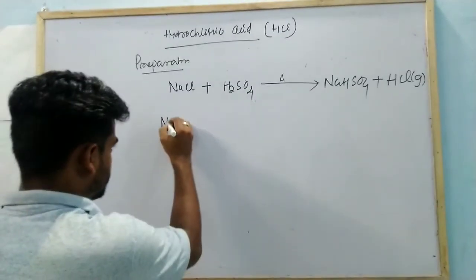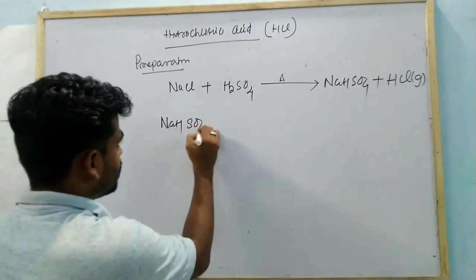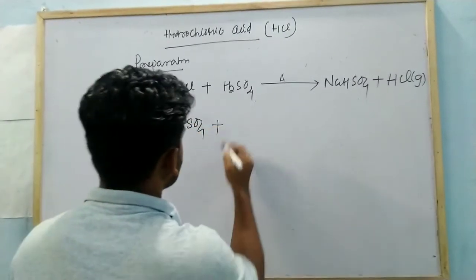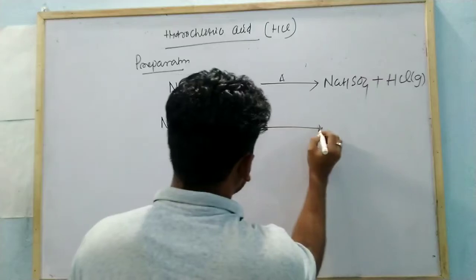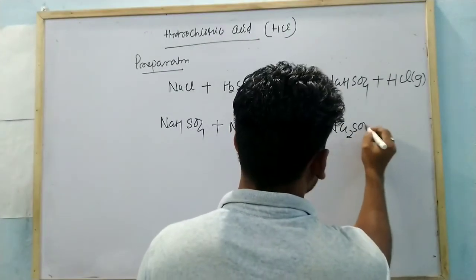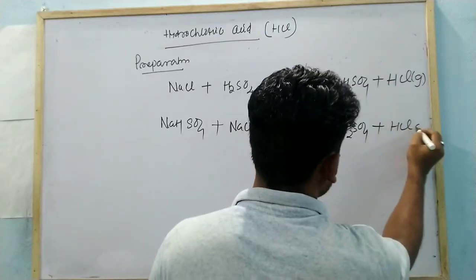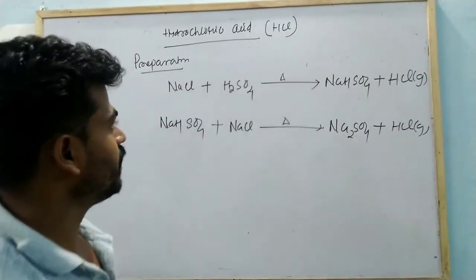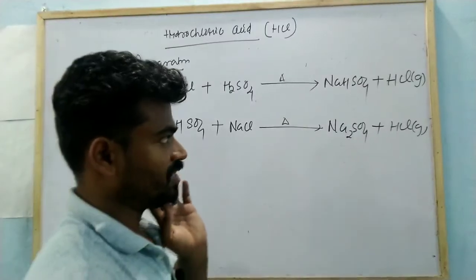Next, this NaHSO4 plus NaCl, again a little bit of heating is required. You get Na2SO4 plus HCl gas. So these are the preparations of HCl gas.